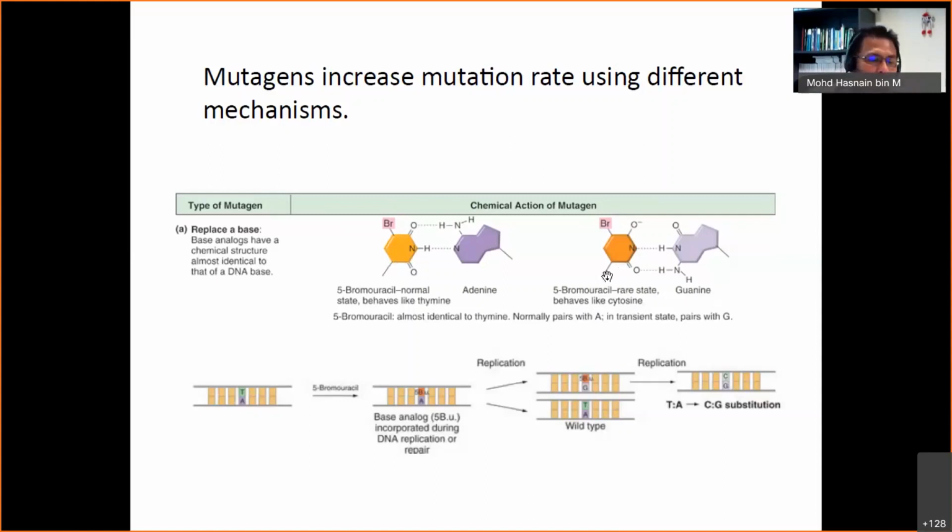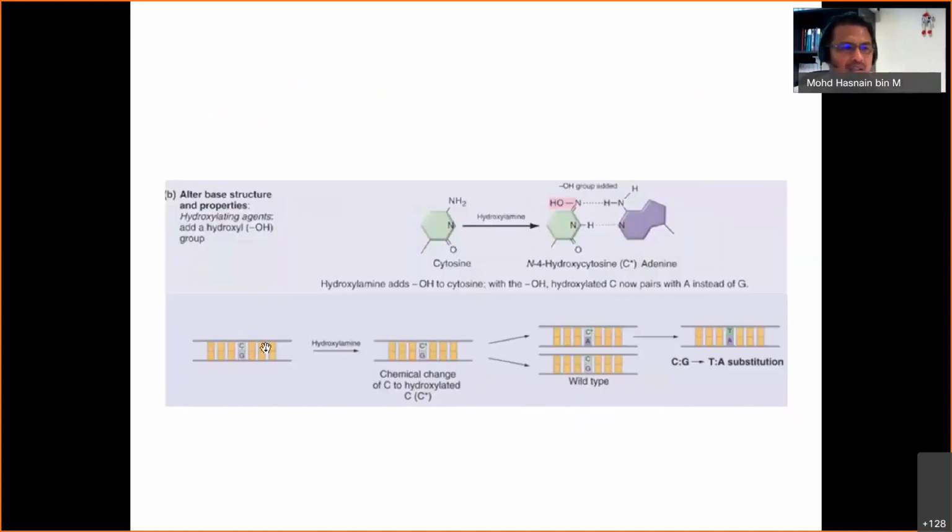So the same bromouracil in a normal condition pairs with adenine, but during replication it somehow becomes moody, and in that state it will pair with guanine. Guanine is different from adenine. So you can see from TA, it will move to CG. So this analog can cause mutation.